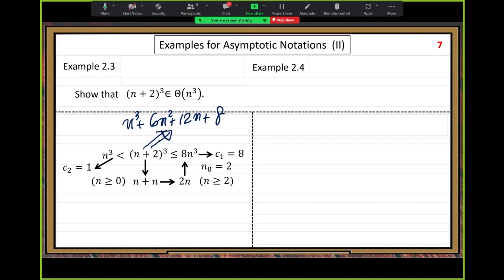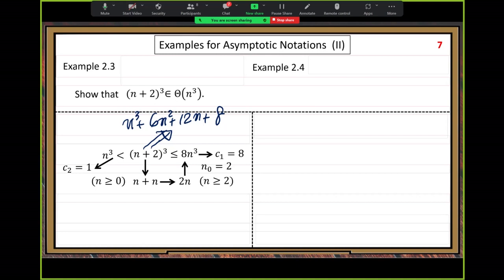Find the upper bound before we raise to the third power. Then it's much easier.